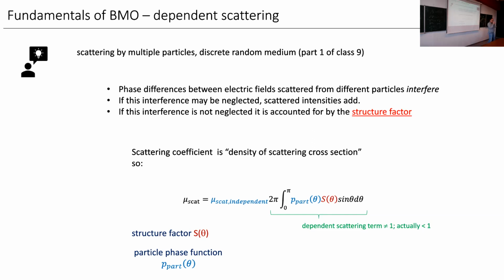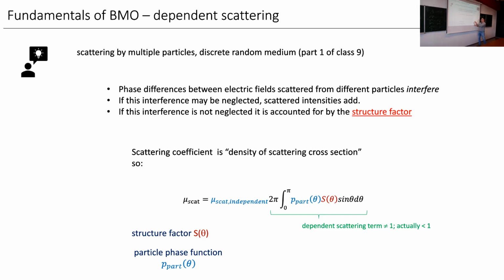Now, when you take into account the fact that the particles are not randomly organized, but there are these phase differences that you need to take into account, this is the modification that you have to do. You need to find the phase function, you need to find the structure factor, both are a function of theta, you multiply them and you integrate them.